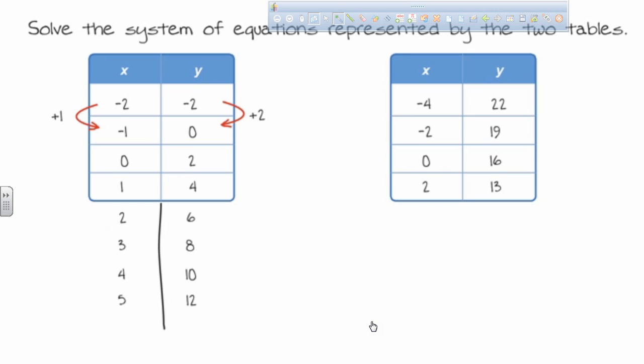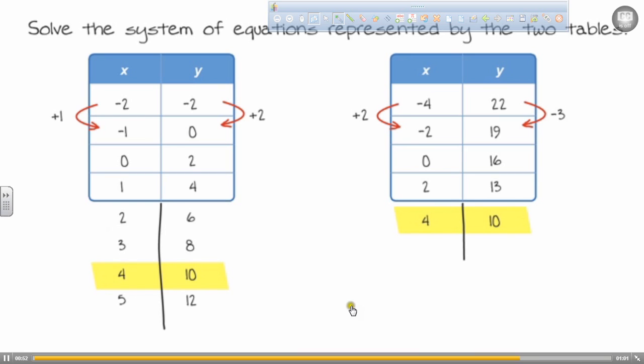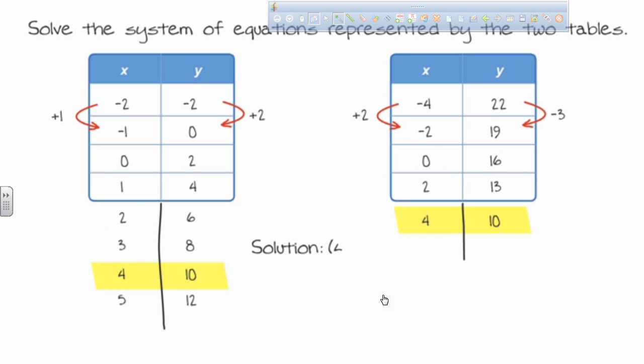We can always add more rows if needed. Now, for the second table, the x values are increasing by 2, while the y values are decreasing by 3. Extend this table, and we see that the ordered pair 4, 10 is the same in both tables. So the solution to this system is the ordered pair 4, 10.